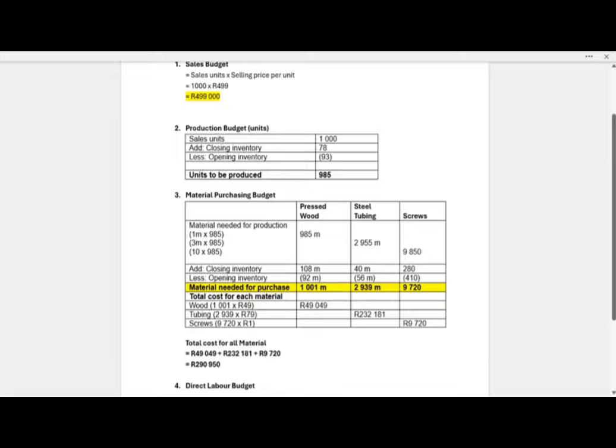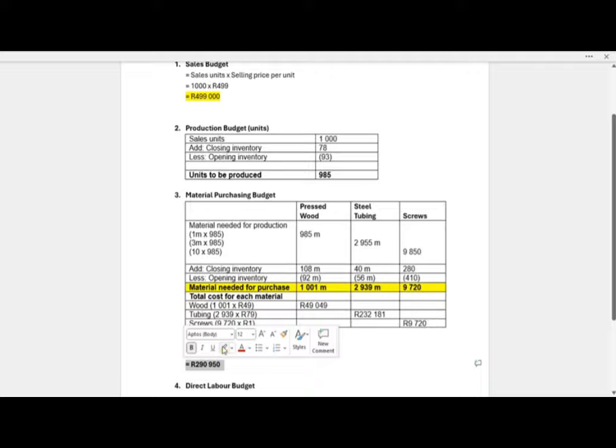So now, after calculating the total cost for all materials, you will be done with the material purchasing budget, because that is where we are going. So this is the final answer that was needed. Please be careful, always. Make sure that you reach this final answer here.